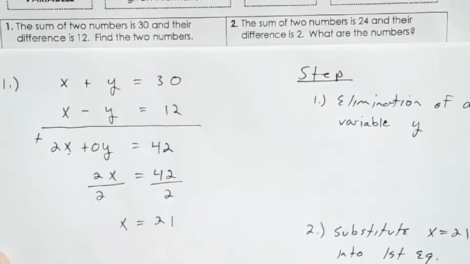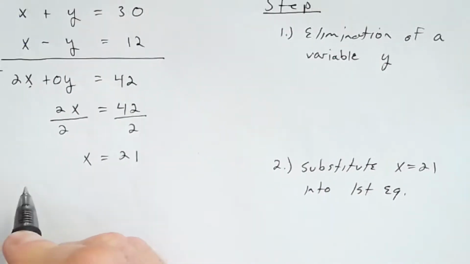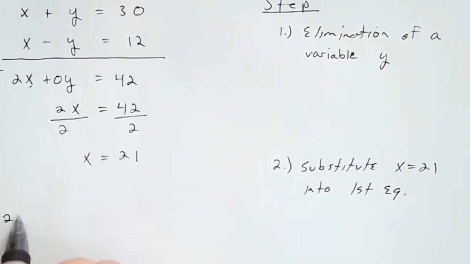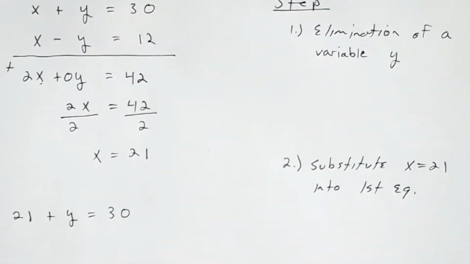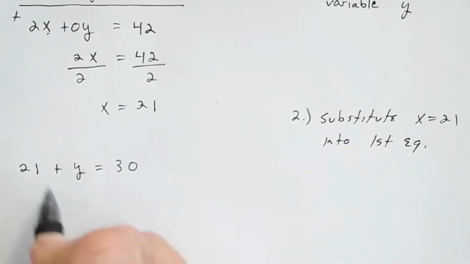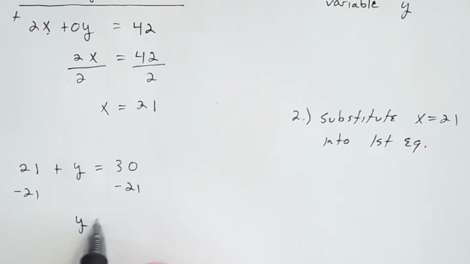So what we have here is 21 plus y is equal to 30. Subtract 21 from both sides, and we have y is equal to 9.